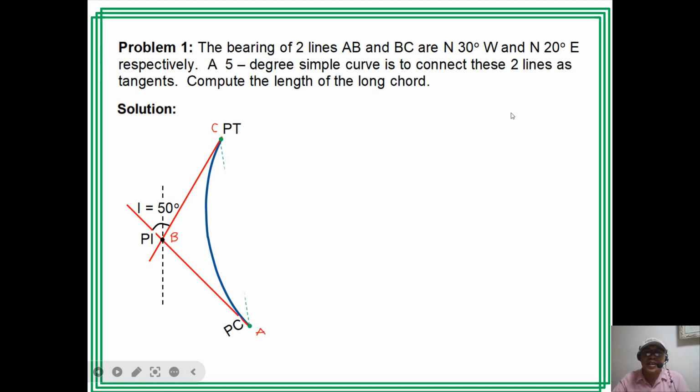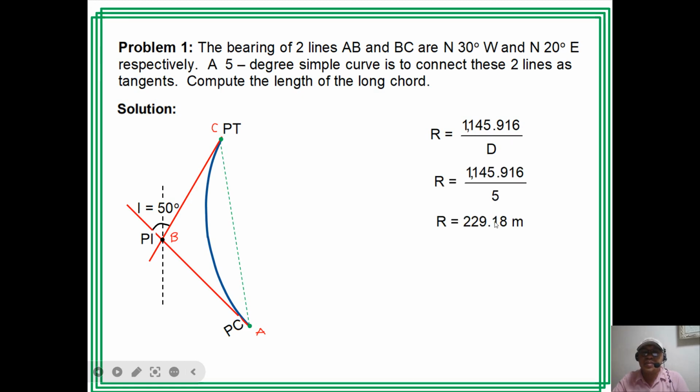Okay, so this is a 5 degree curve, so we can solve for the radius R. So given by the formula, which is the arc basis, 1145.916 over D. So for a 5 degree curve, the radius is 229.18. So this is the length of the chord, so long chord, which is the question.